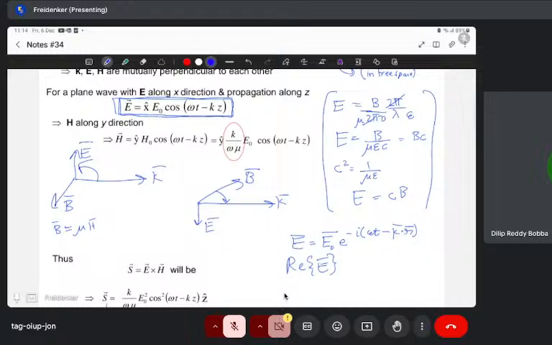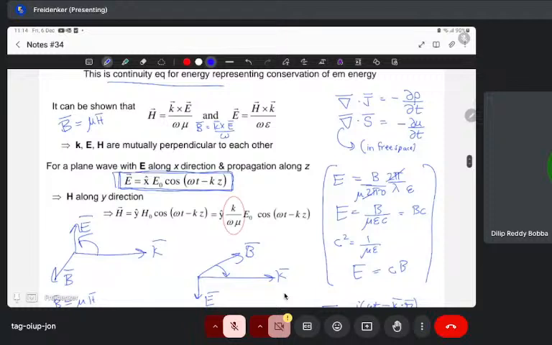So if you know E bar, you should be able to write H bar as well. So how do we write it? If we know E bar, H bar is nothing but this one. So you get k omega mu, and you will write E again, but the direction will change. The direction will be perpendicular to k bar and E bar.